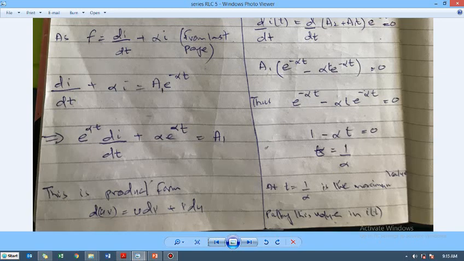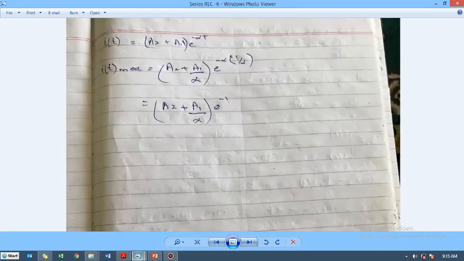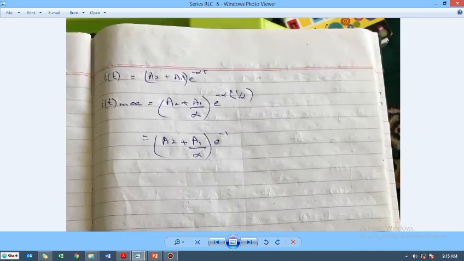That means the time at which it will take the maximum value is 1 upon alpha. And what is going to be the maximum value? You can find it out here. The maximum value of I is going to be a2 plus a1. If you take a1 and a2 equal to 1, it will be normalized.